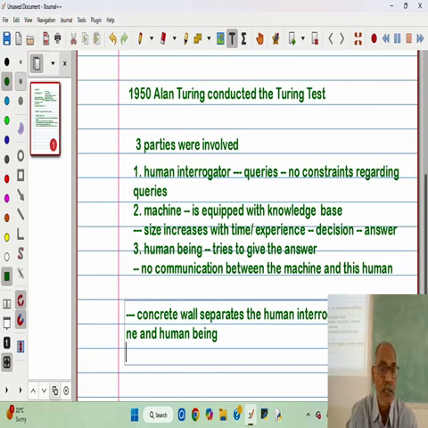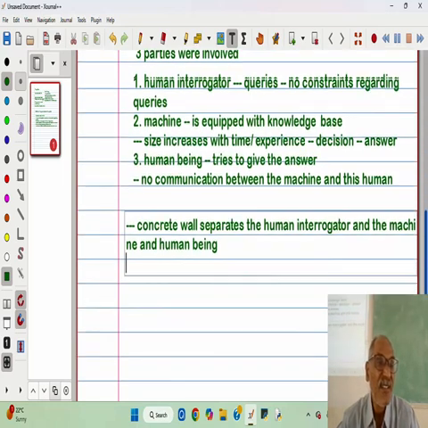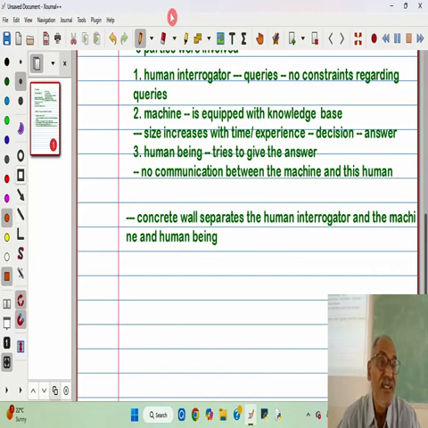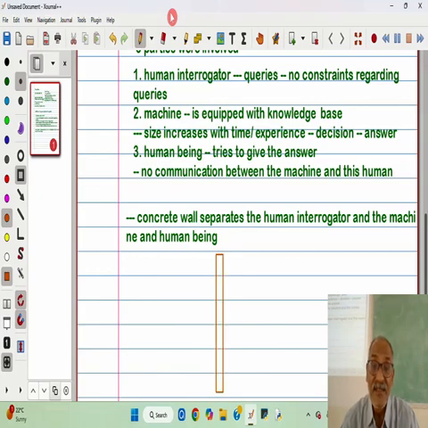See, what I'm trying to say is that this is a wall I'm having, and this is considered to be a concrete wall. Here I have the human interrogator.